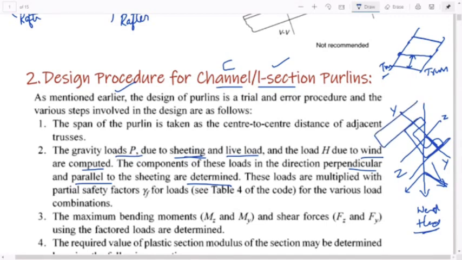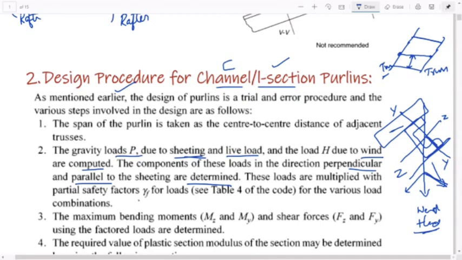It has to be along YY axis and the other component has to be along ZZ axis. YY axis is actually perpendicular to the rafter or the sheeting, roof, right? Whereas Z is parallel to the roof or roof sheeting. So Z is parallel to roof, YY is perpendicular to the roof. So you have to resolve the total loads into two components in these two directions.